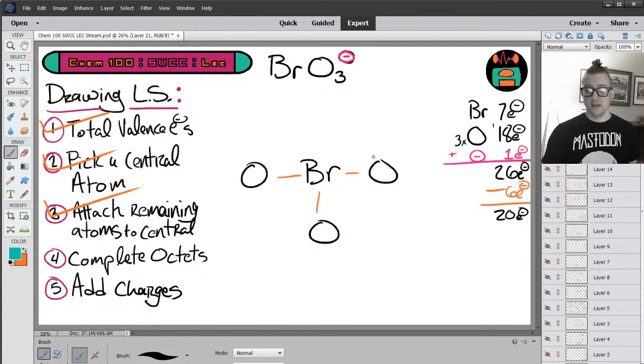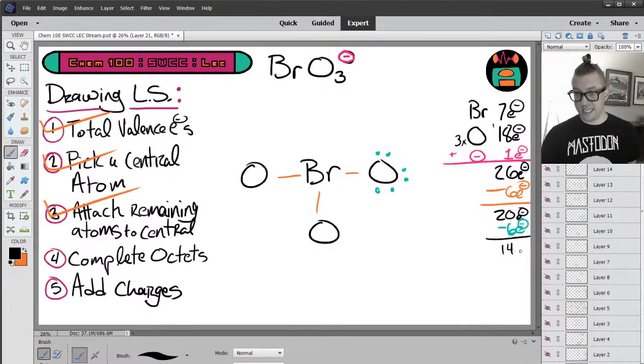Next, we need to complete some octets, right? Our first oxygen needs 6. We have that in spades. 20 minus 6 is 14. Our next oxygen also needs 6, which we do have. 14 minus 6 is 8.